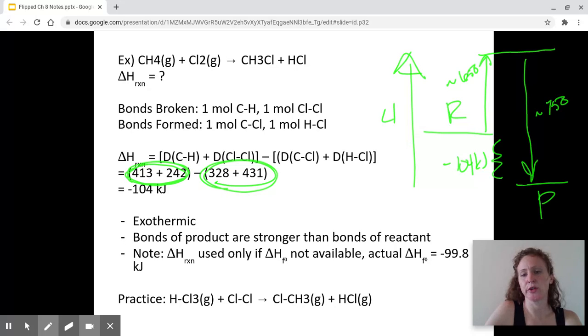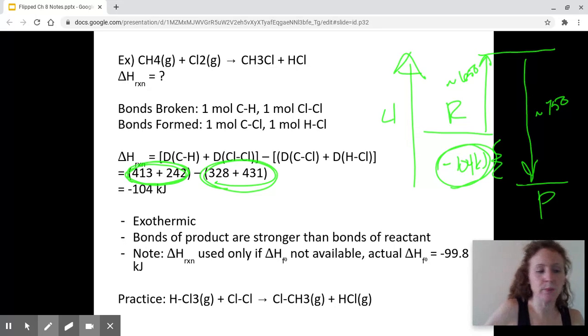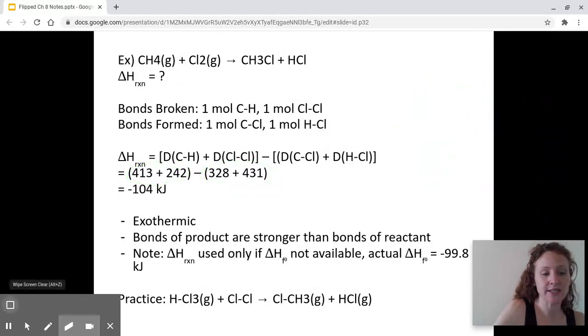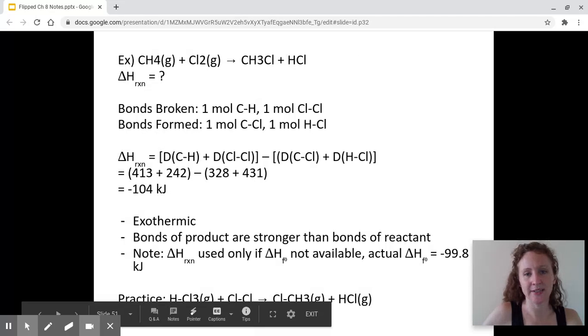And that's going to result in our difference of about 100 kilojoules. Yeah, that makes sense. Okay, so could you draw that energy diagram? If not, what pieces were you missing? All right, we're going to do a practice with this together next time, so don't do that yet.